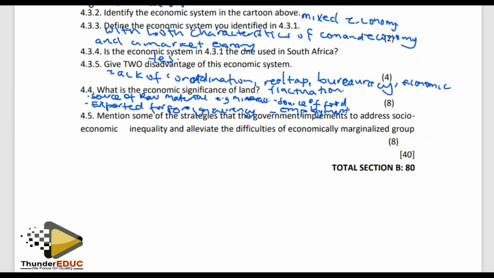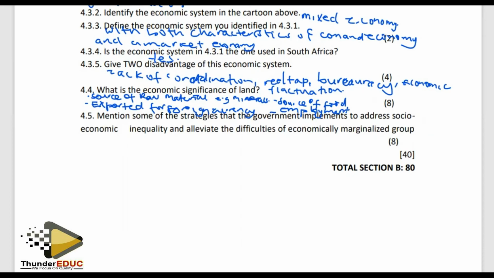We mentioned some strategies the government can implement to address socio-economic inequalities and alleviation of difficulties of economic marginalization.